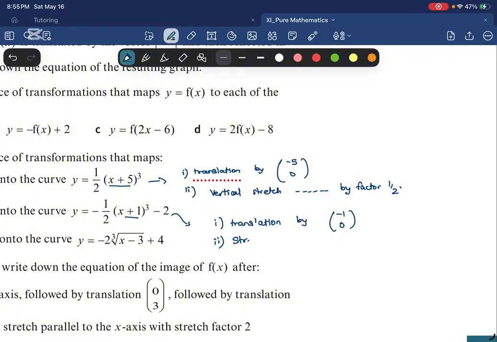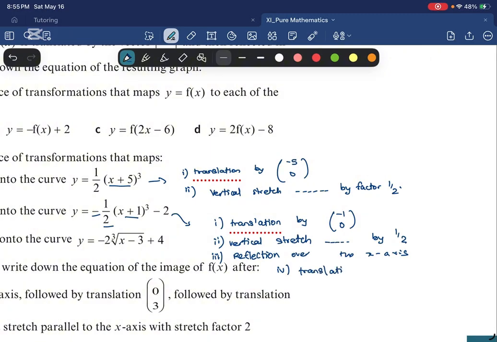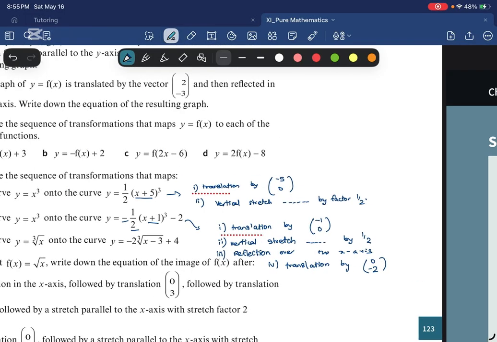You have a vertical stretch parallel to the y-axis by 1/2. You have a reflection. So you do the stretch first and then you reflect over the x-axis. And then finally you do the shift. So translation by 0, comma minus 2. And that is going to be your solution.